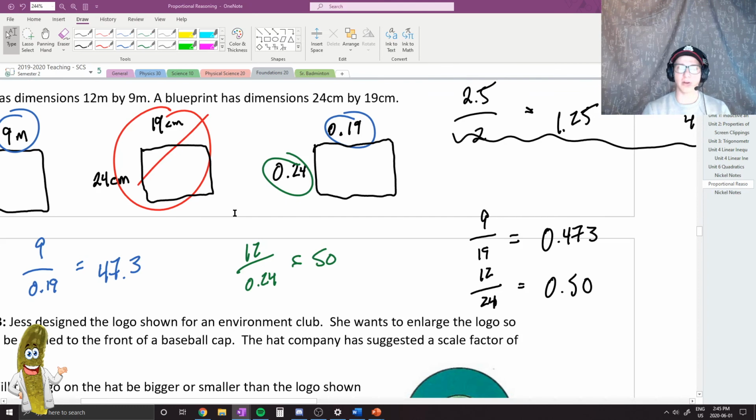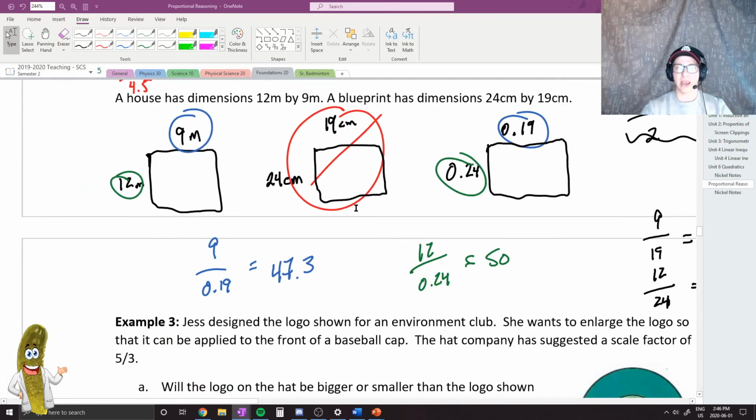So when we're comparing, we don't actually need to necessarily have the same units as long as all of the one diagram is in the same units. So what I mean by that is as long as every measurement in this diagram is in centimeters, that's awesome. We're fine. And as long as every measurement in this is meters, then we're also fine.